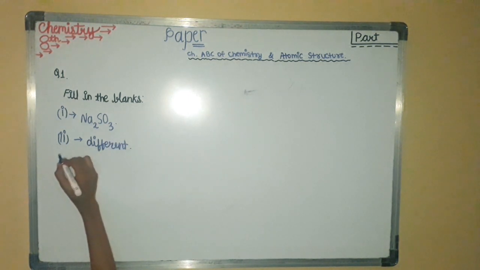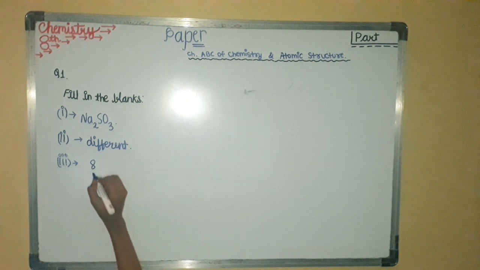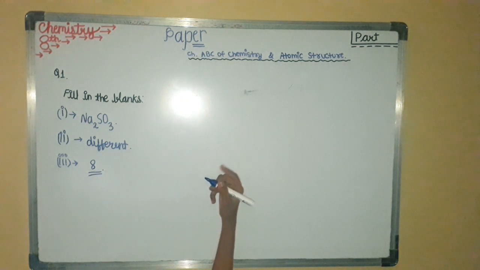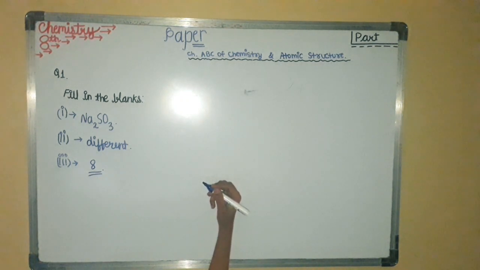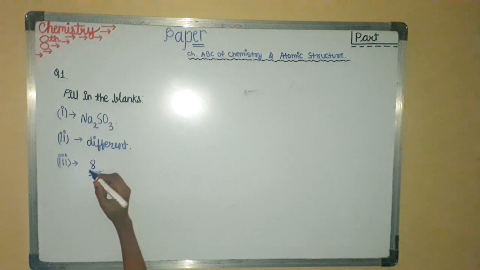Third question: maximum number of electrons that the outermost shell of an atom can have is 8. In this chapter we have learned that the maximum number of electrons in the outermost shell is always 8.